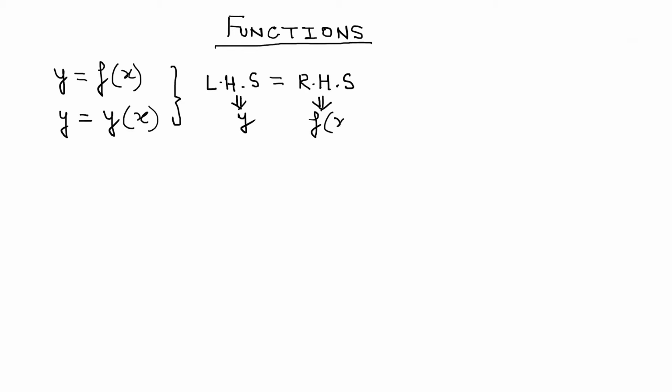Now what is f of x? f is an operator on x. So whether we write f(x) or we write y of x is nothing but the same. The only thing which differs is the representation. Now once you have understood this, y and f of x are nothing but synonymous to each other. So this is the next point that we are trying to bring in. So kind of synonyms to each other.